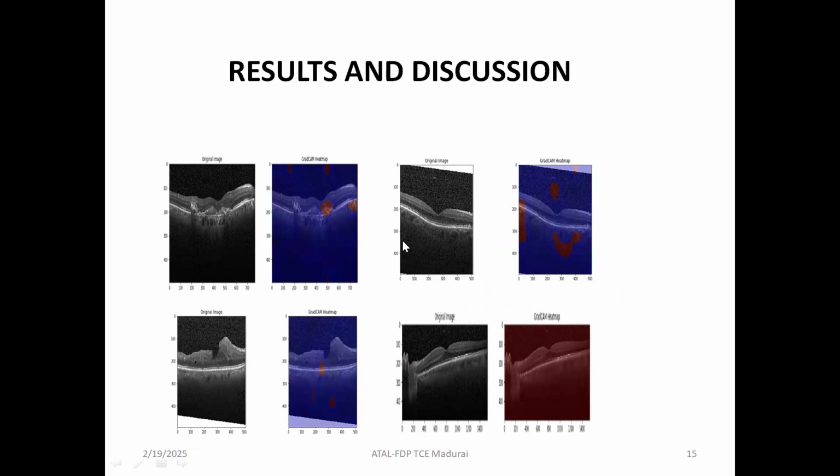We can see the heat map gives some indication. If you apply a normal deep learning algorithm, we couldn't see the exact location where it is affected. So this interpretation will definitely help the doctors to come up with very good solutions.